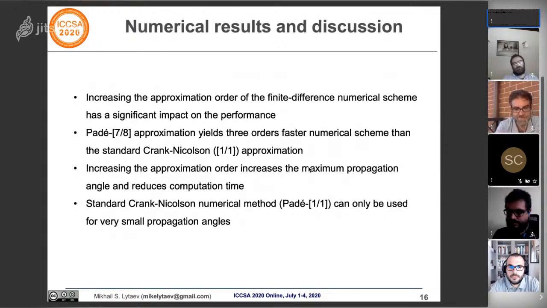Padé 7-8 approximation yields a numerical scheme 3 orders faster than the standard Crank-Nicolson approximation. Increasing the approximation order increases the maximum propagation angle and reduces computational time. The standard Crank-Nicolson numerical method can only be used for very small propagation angles.